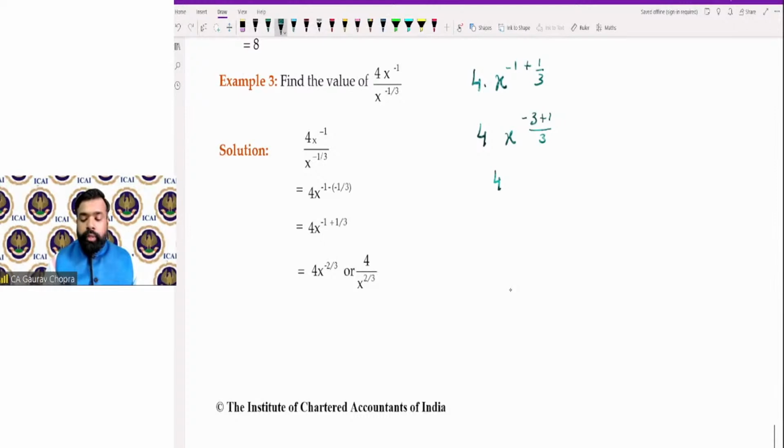So, it will become 4x to the power of minus 2 by 3. So the power is negative. If the power is negative, it can be written as 4 divided by x to the power of 2 by 3. So if power is negative, we can send them into denominator. So the power will become positive.